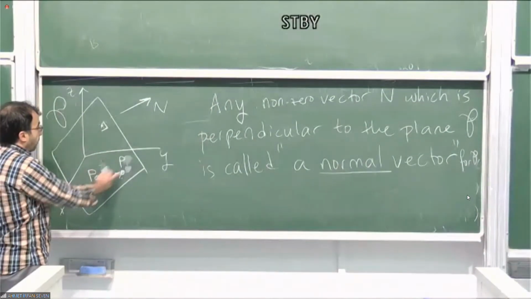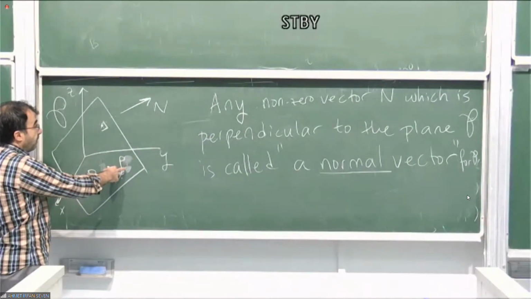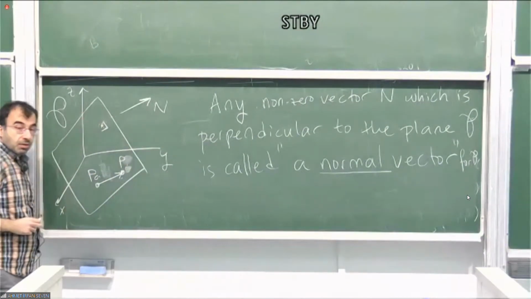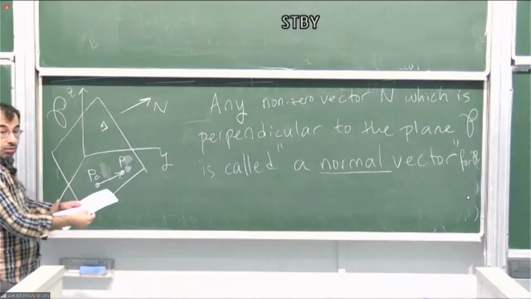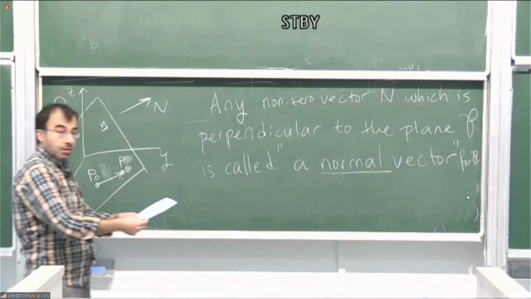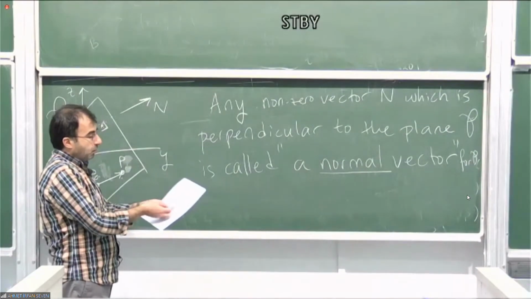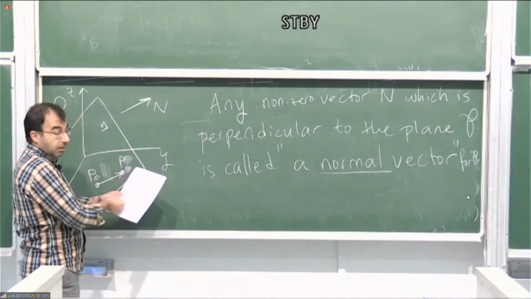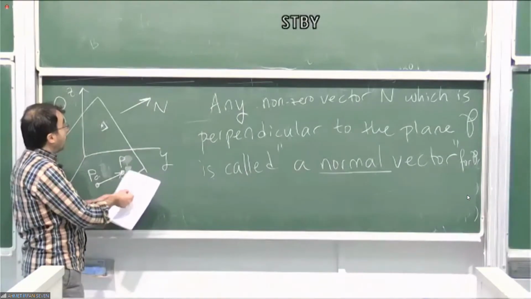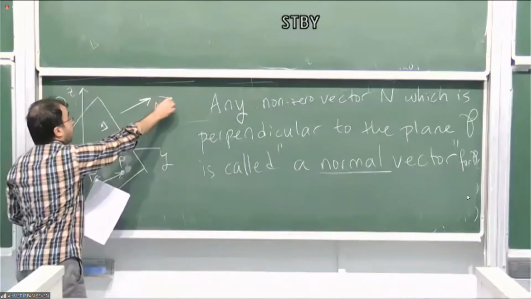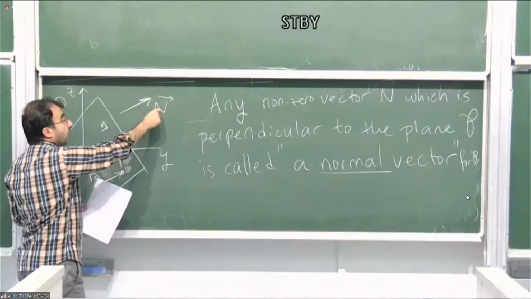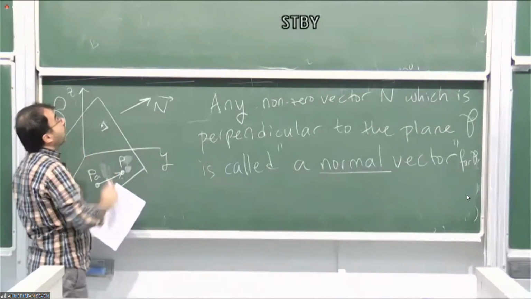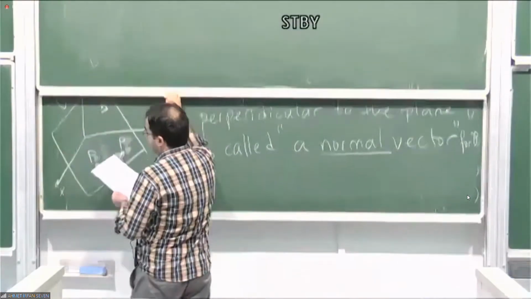So what will be special with this vector P0 to P? This vector will lie on this plane, obviously, right? And on the other hand, this plane is perpendicular to n. Therefore, this vector will also be perpendicular to n. Let's write it.